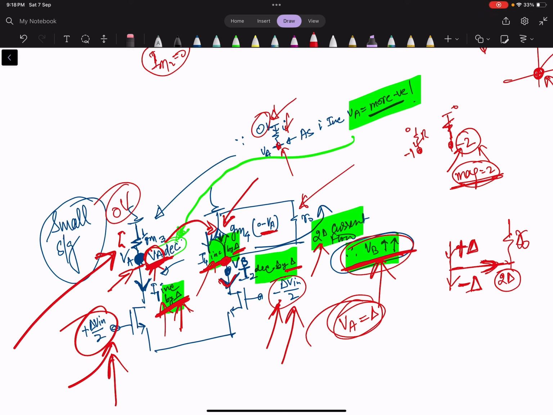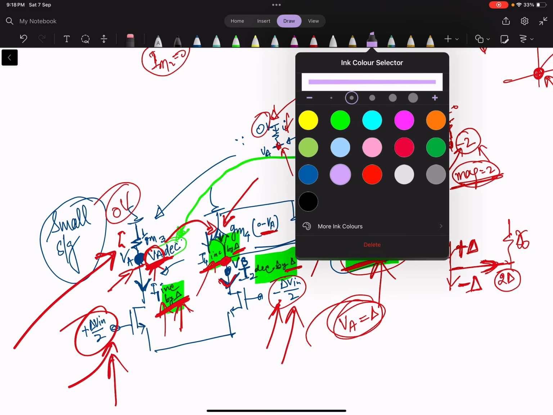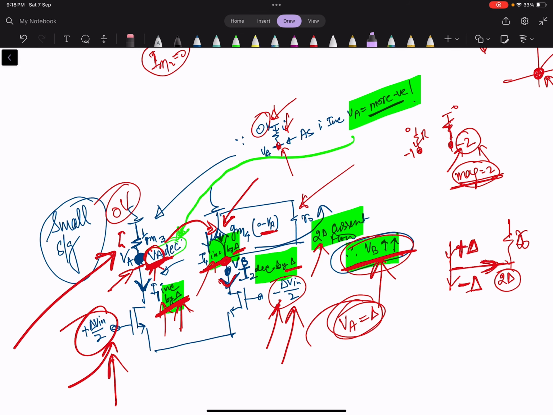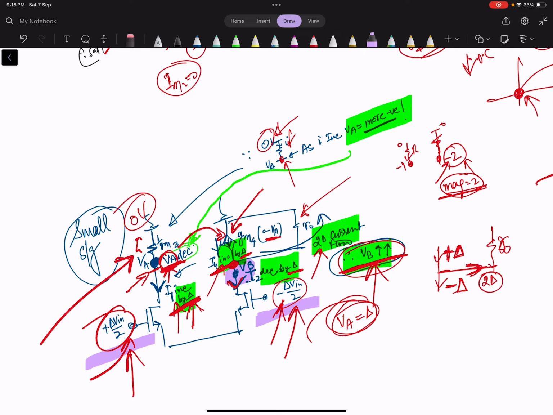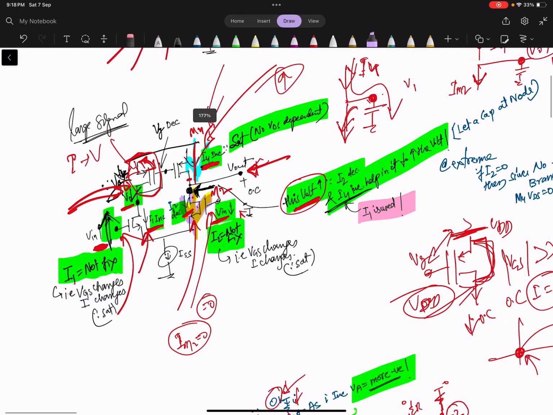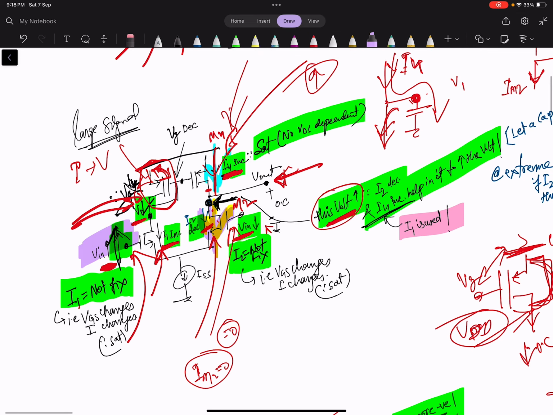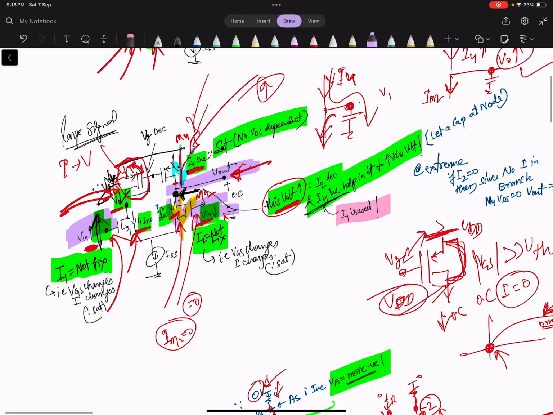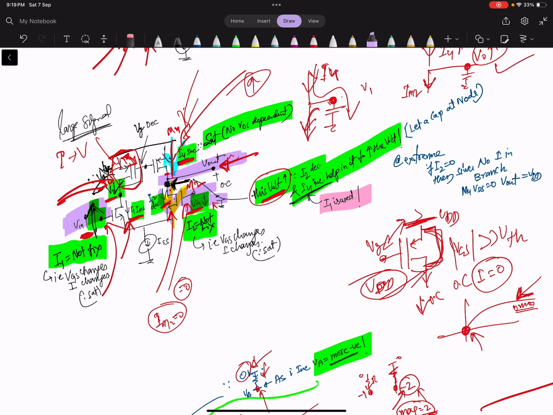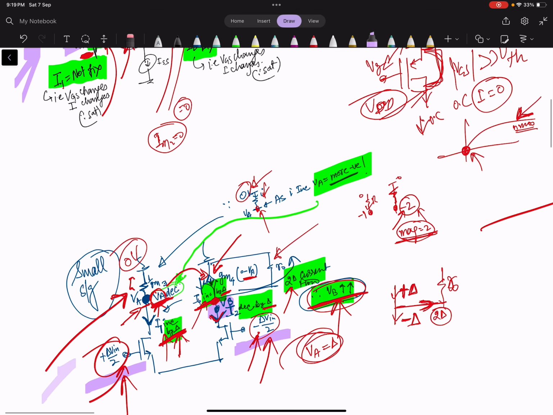So in this way we can see that in small signal, if this voltage is increased and this voltage is decreased, this potential VB will increase. Similarly, in large signal we saw that this voltage is increased and this gate voltage is decreased, and Vout has increased. So in both large signal and small signal, the output increases.